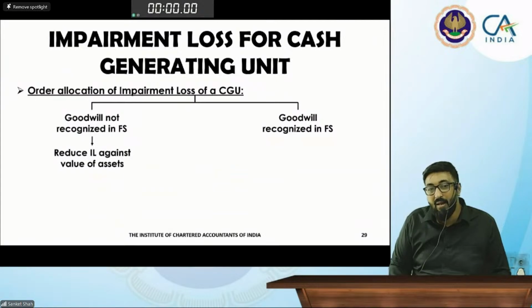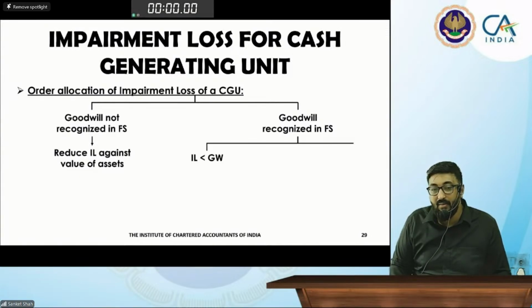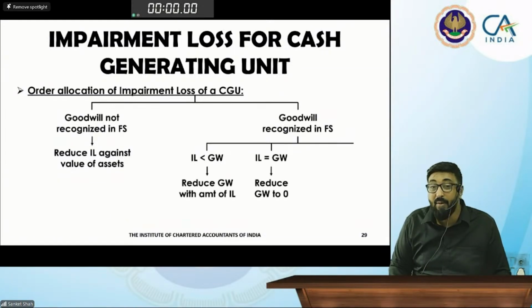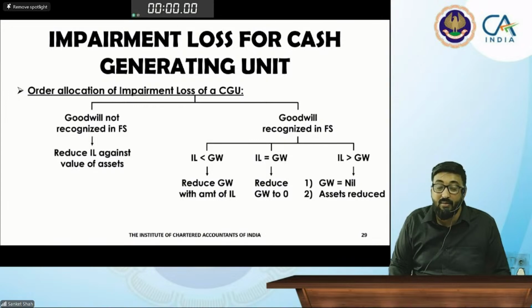Then goodwill impairment loss is reduced only against the value of the asset. And here, if impairment loss is less than goodwill, reduce from the goodwill. If impairment loss is equal to goodwill, reduce from goodwill only. And if impairment loss is greater than goodwill, first use goodwill, zero it, and then the asset is reduced.